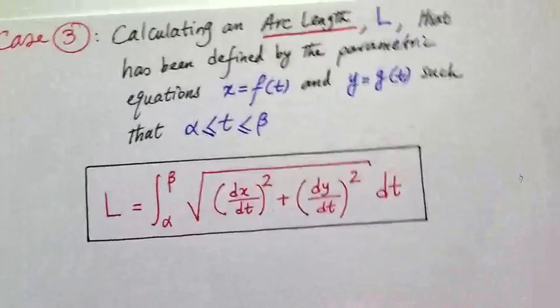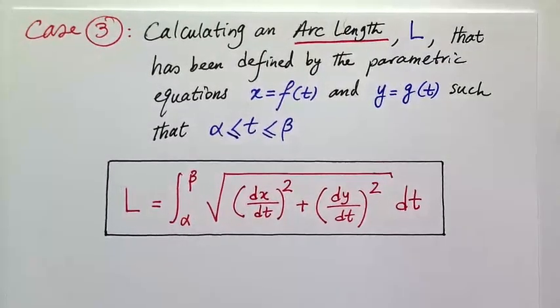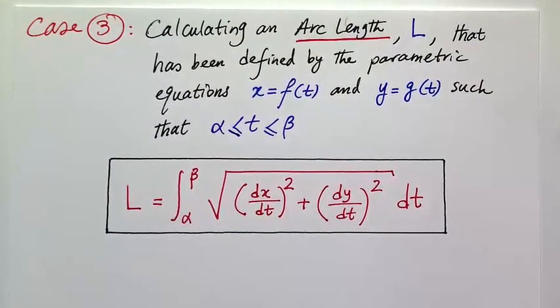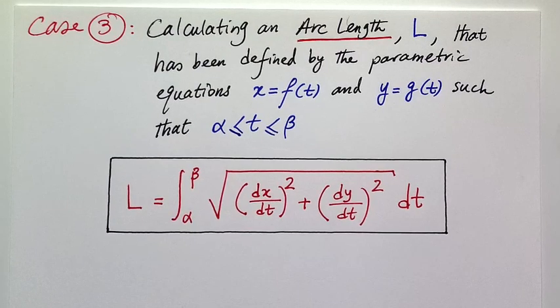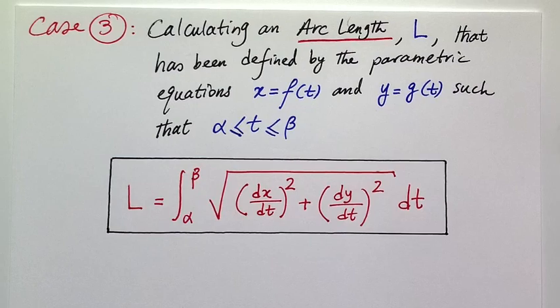Okay, so we should move to case 3, which is calculating an arc length when the equations of the arc are in parametric form. Okay, so that's what we will do next.